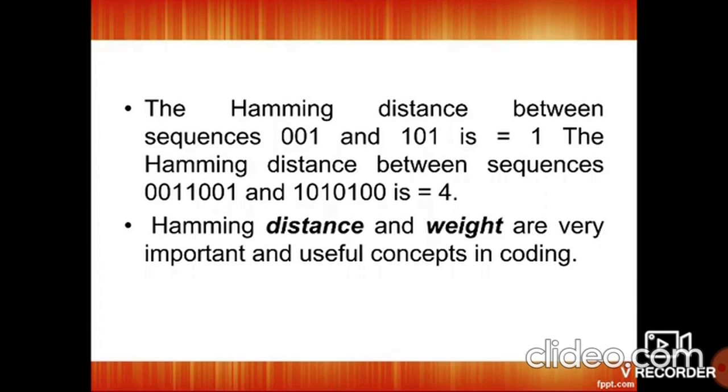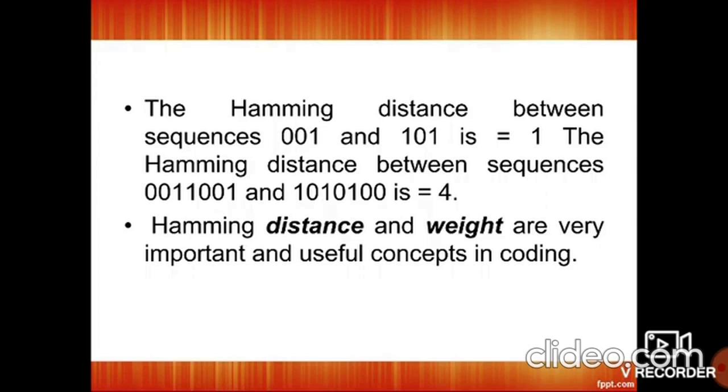How do we calculate this? Let us check bit by bit. Consider the first code word a equal to 001 and the second code word b equal to 101. Compare a and b. The first bit is 0 in a and 1 in b, so there is one variation. The second bit is 0 in both, no variation.